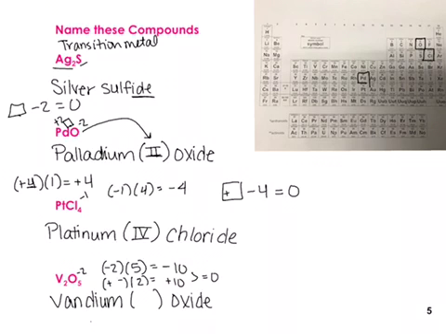And so we have to have a plus 5 on that vanadium. So we write that in the middle there. So that's your stock naming system. A couple elements that also use the stock naming system that don't fall in the transition metals would be tin, lead, and I believe antimony, which is Sb.